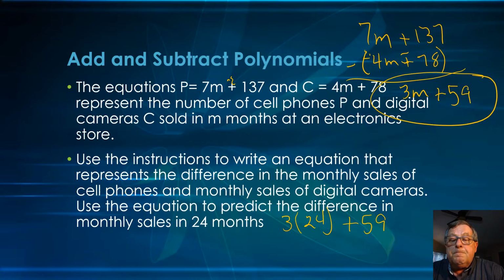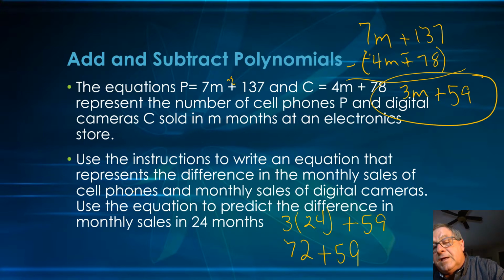And let's see, 3 times 24, 3 times 4 is 12, that's 2, carry 1, 3 times 2 is 6, plus 1, 72, plus 59, and 72 plus 59 equals: 2 and 9 is 11, carry 1, 8 and 5 is 13, 131.